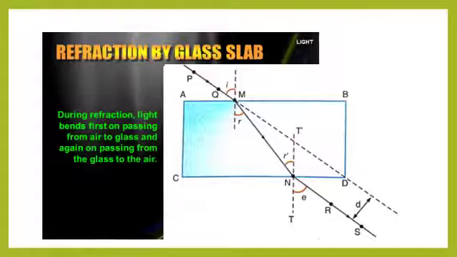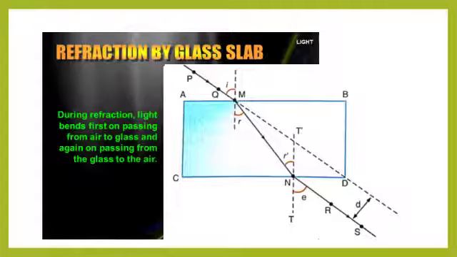If we extend them, you can see broken lines which are shown in your figure. So they are parallel. So in this activity, we have seen that a ray of light passes from rarer to denser medium and then again passes from denser to rarer medium.